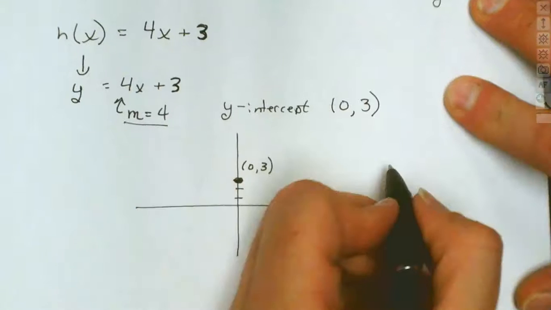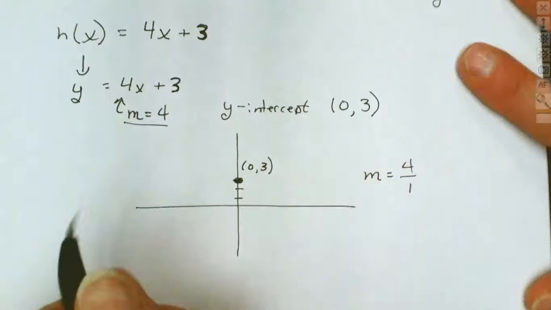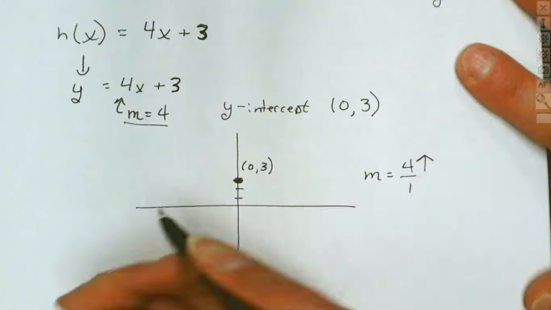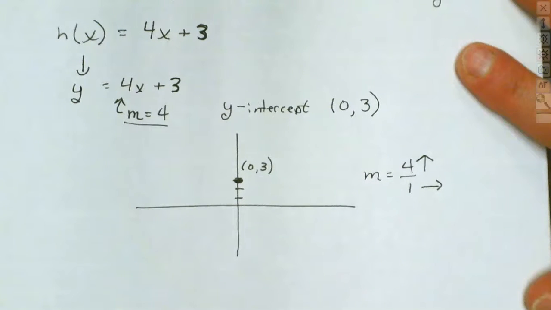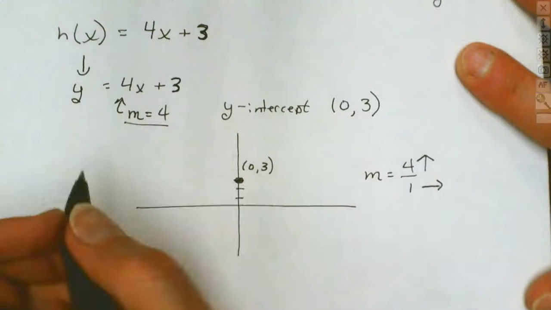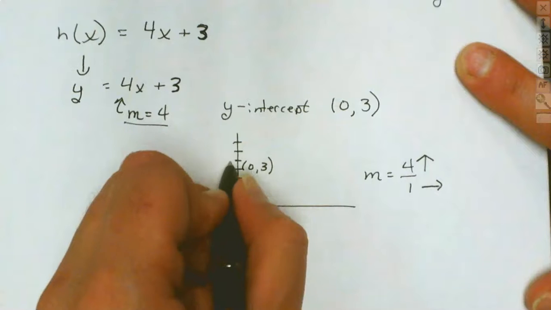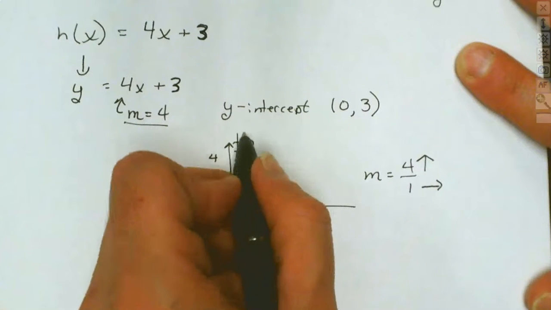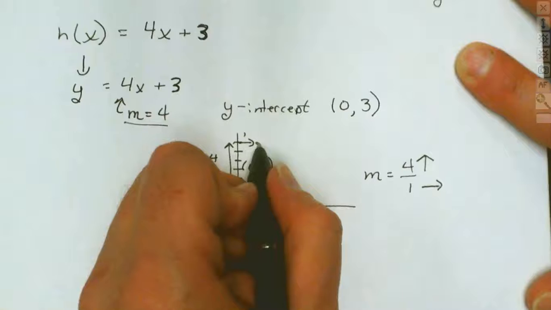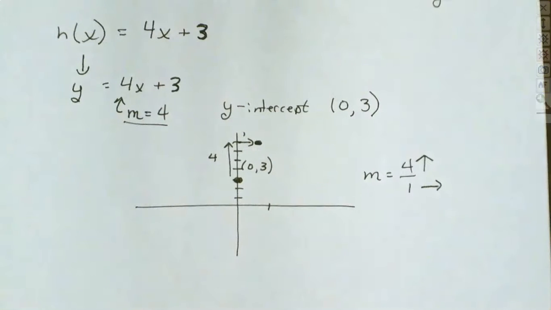And what's my slope? 4 over 1. So what are we going to do? Up 4, and then what? Over 1. So start at your 3, and you're going to go up 4. So 1, 2, 3, 4. You're going to go up 4, and then you're going to go over 1. Connect them together, and there's your graph.